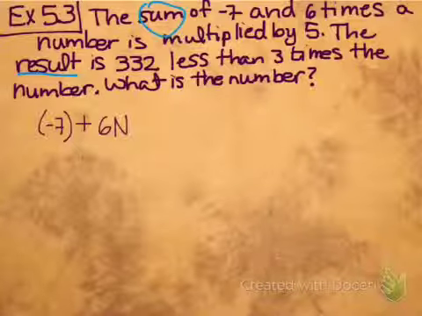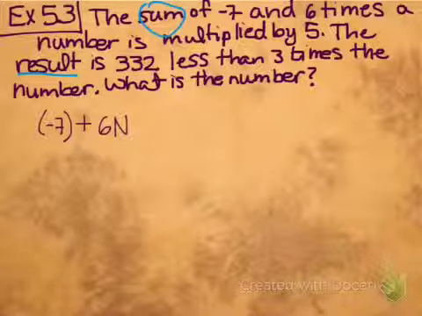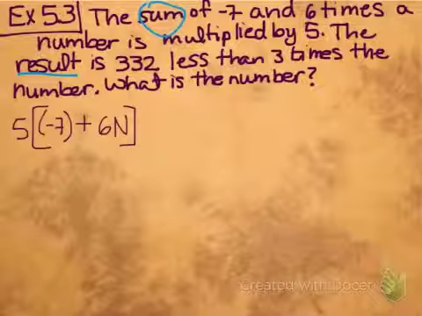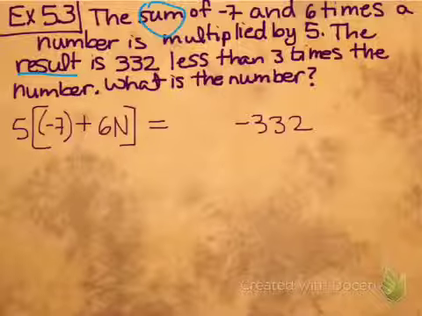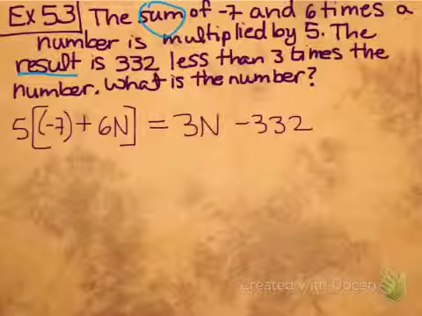So negative 7 plus 6 times a number, and the sum is multiplied by 5. That means we're going to take all of this, put parentheses around it, multiply by 5. Then we have an equal sign, and we have 332 less than. So we're going to subtract 332 from 3 times the number.